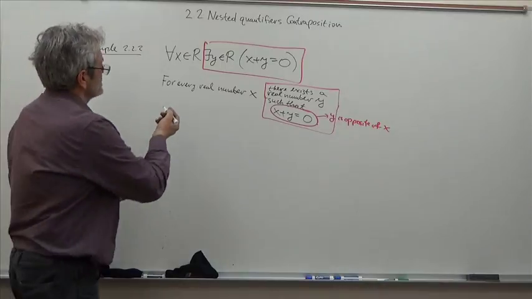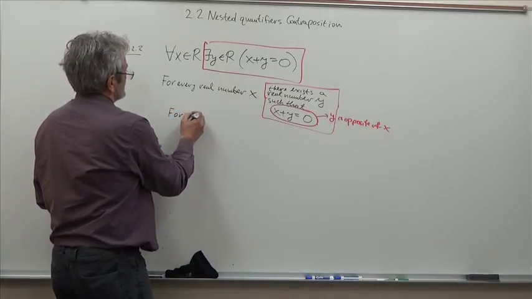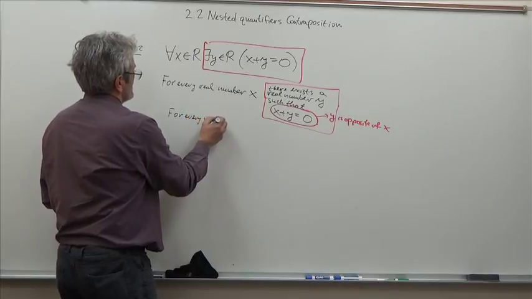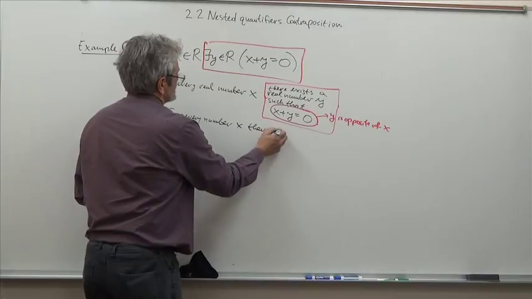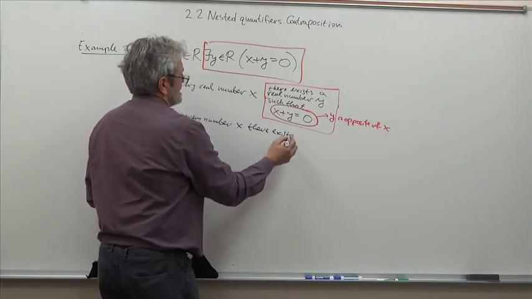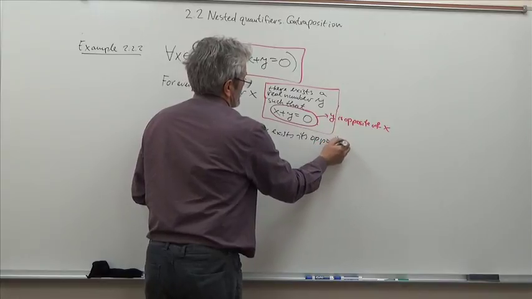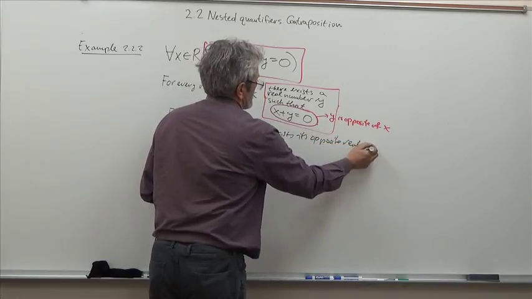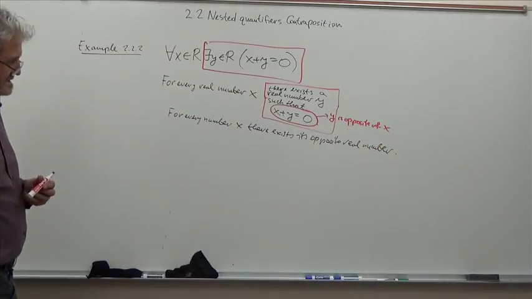Now we can say, in a more natural sentence, for every real number x, there exists its opposite real number. So here we don't have any formulas, everything is a sentence.